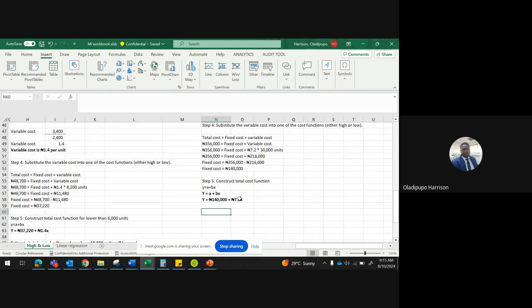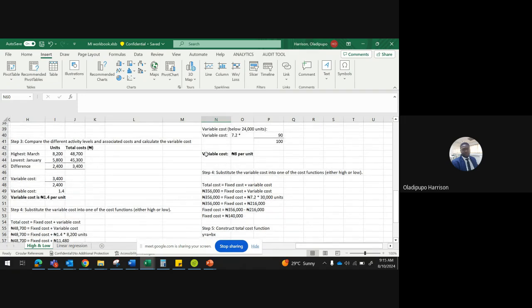You said the reason why it's not 140 plus 216 is because we calculated the variable cost per unit to be 8 naira, and we did not use the level of activity that is below 24,000.